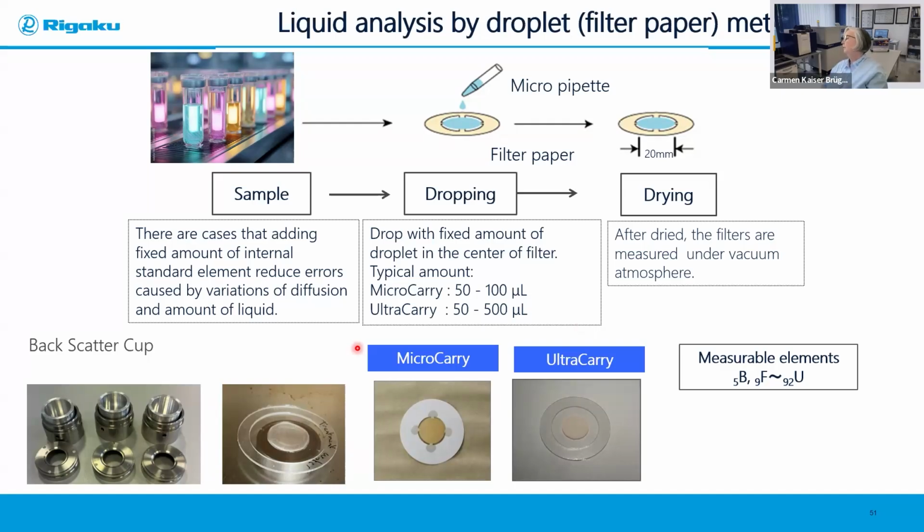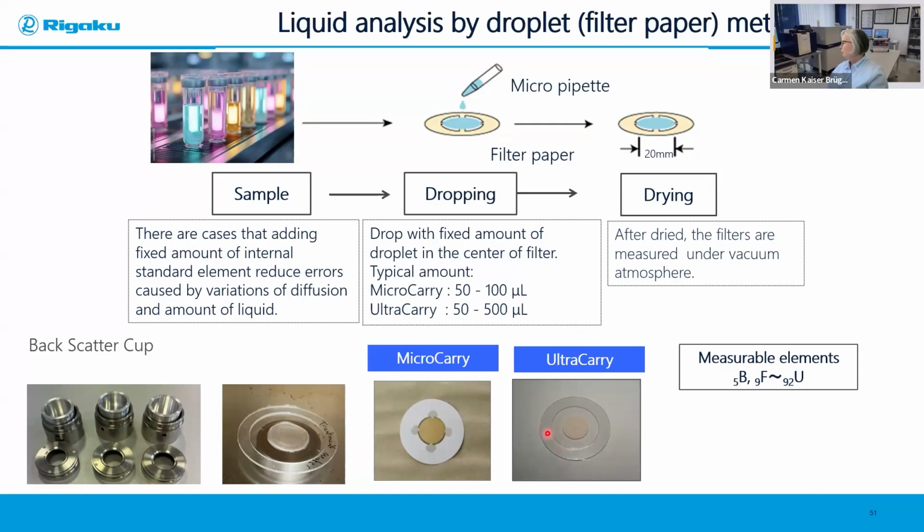So this also increases our sensitivity. So there is the possibility to have a pre-concentration onto this area that you see here, and of course measuring in vacuum.